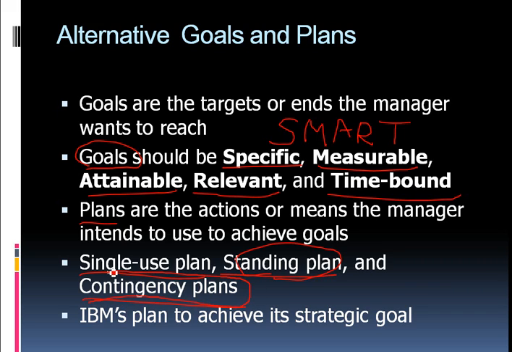Contingency plan means you make a plan, but something that you are not expecting will happen. So you can have some situation that you have not expected. In order to prepare for that kind of situation, you need another plan, that is a contingency plan.